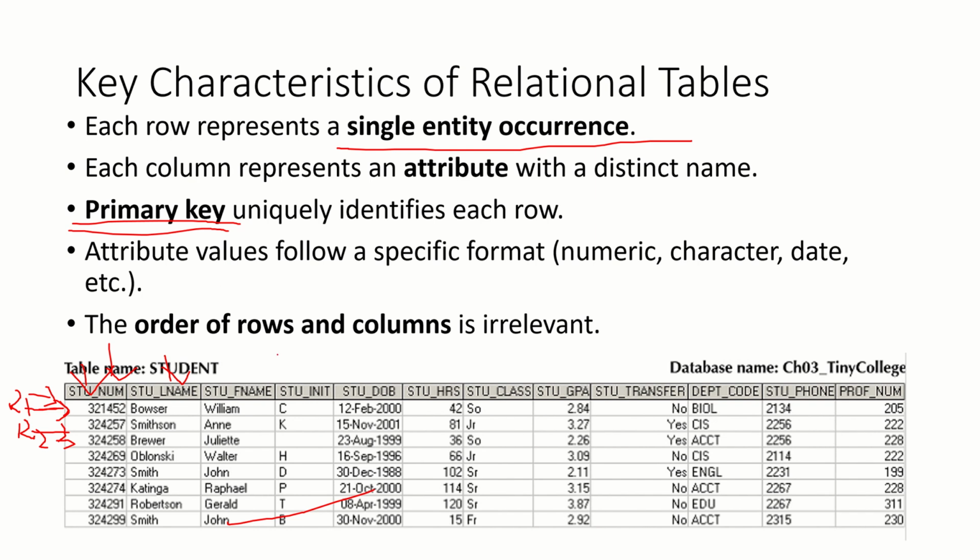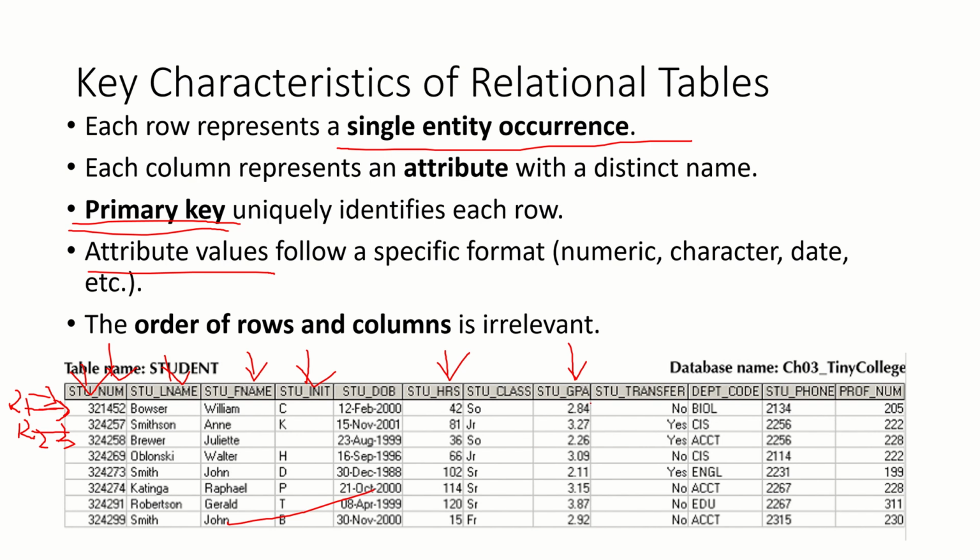One important thing is that each attribute may follow a specific format. This format could be a string, a single character, a number, a floating point, or a range you specify.